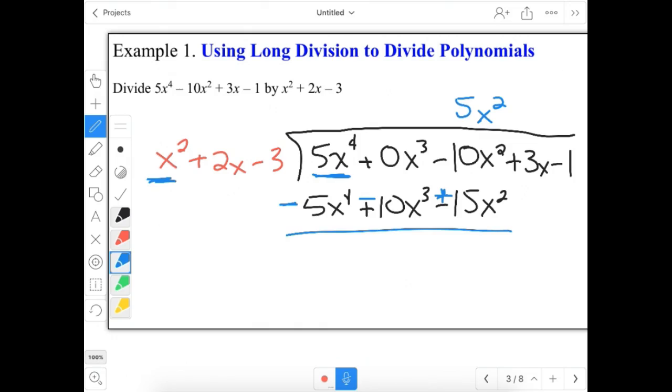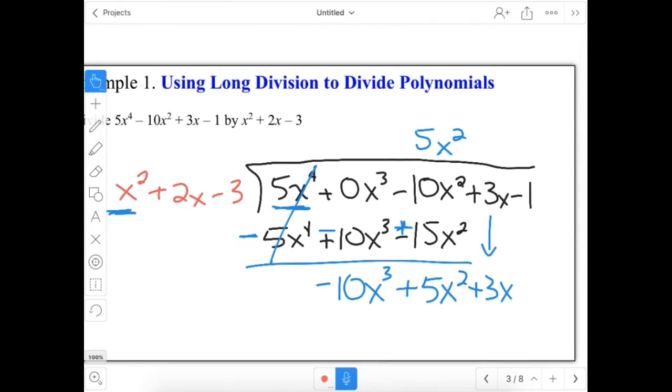And then we subtract. 5x to the fourth minus 5x to the fourth cancels out. 0x cubed minus 10x cubed, we would get a negative 10x cubed. Negative 10x squared plus 15x squared gives us a plus 5x squared. And then we need to drop down that plus 3x. And our process starts over again.